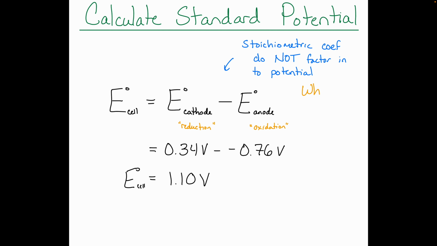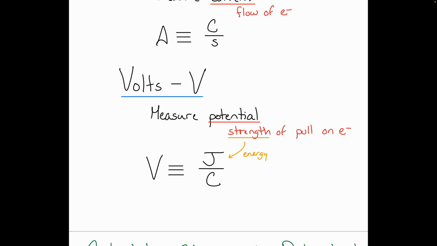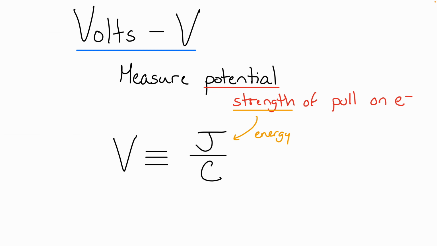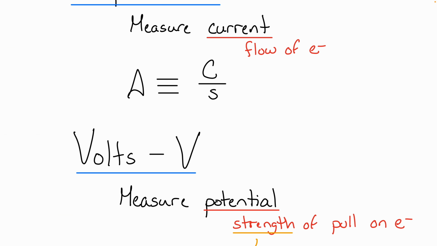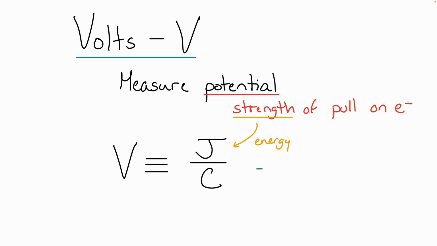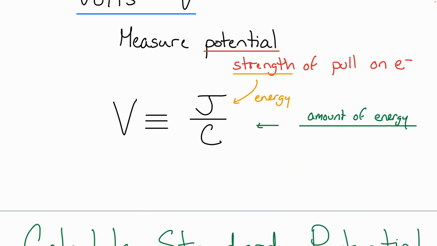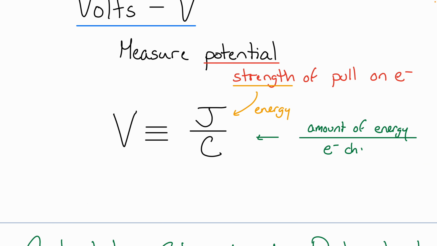All right, so why is that? Because if we go back to our definition of our potential, our volts, a volt is the joule per coulomb, right? Which is the charge of our electrons here. So we can think about our volt as the amount of energy per our electron charge.